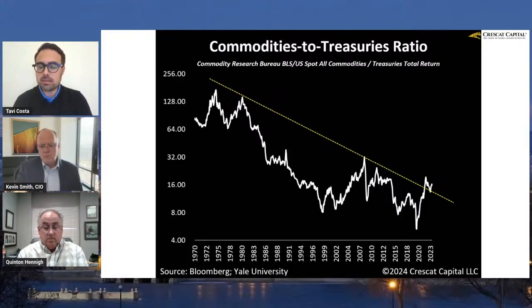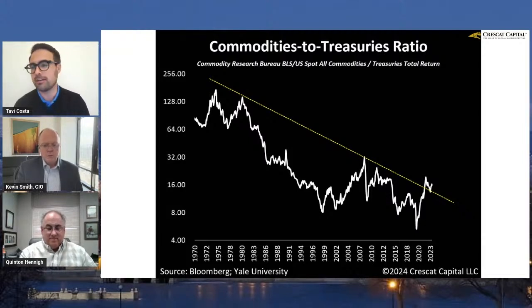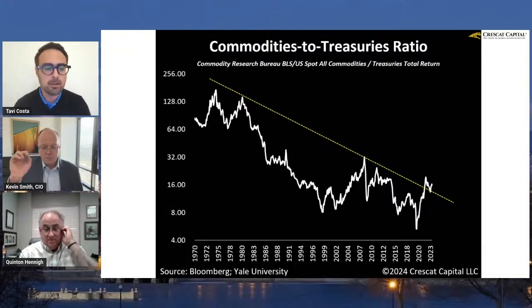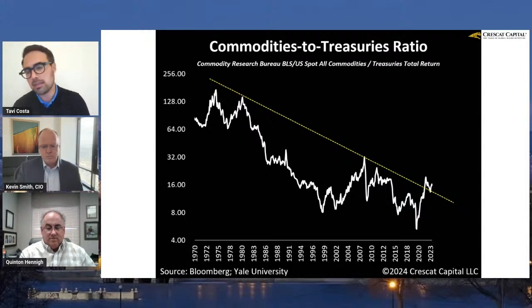Given that it's required to increase the supply of metals in the environment we're living in, because of the demand that we're seeing from all sorts of things, reshoring. Now people are even talking about the war happening in places like the Middle East and Russia and Ukraine, causing demand for copper, all sorts of things now being a tailwind for commodities overall.